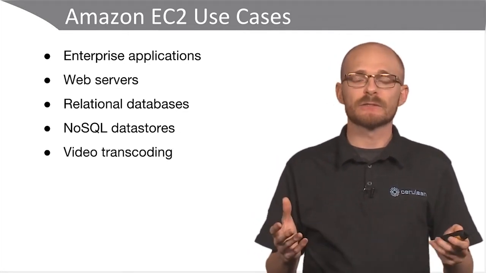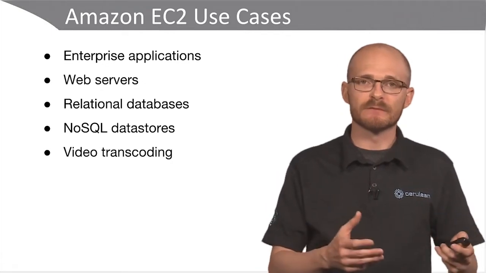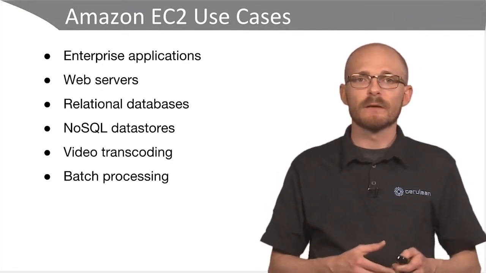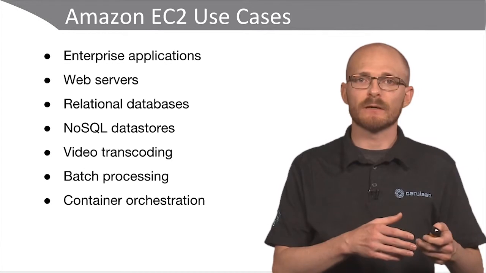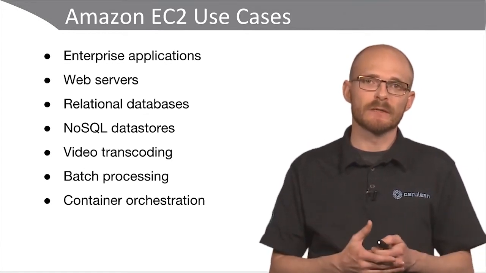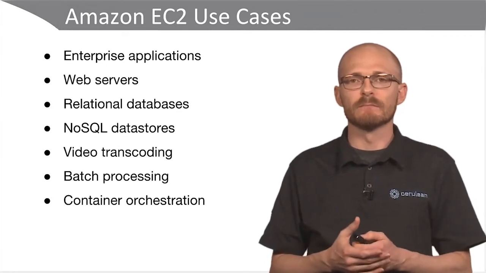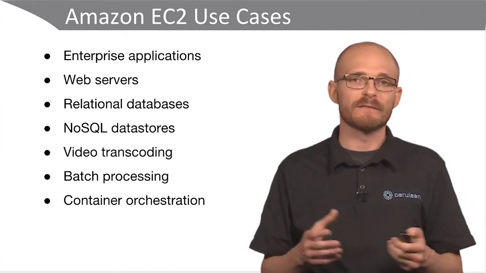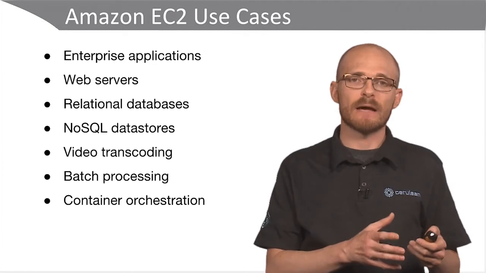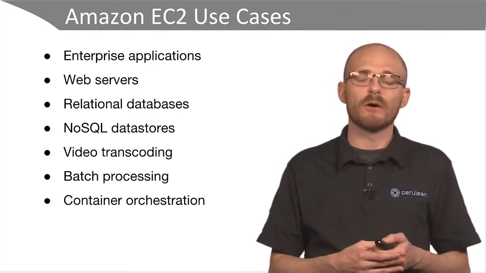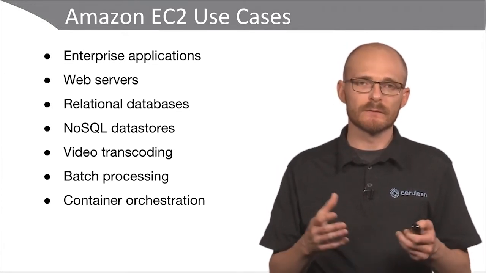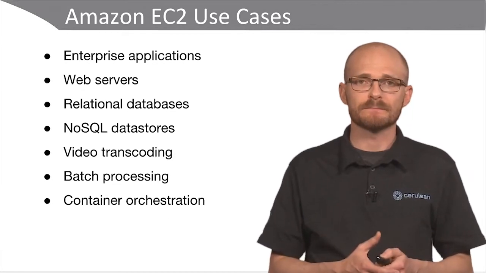We might decide to use EC2 to do other types of work like video transcoding. We might do batch processing or container orchestration, right? Things like Docker and other container technologies are more and more popular these days, and I've had quite a bit of success with that, running high volume web APIs, deploying them with containers.